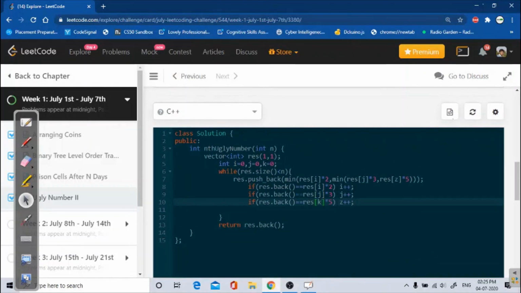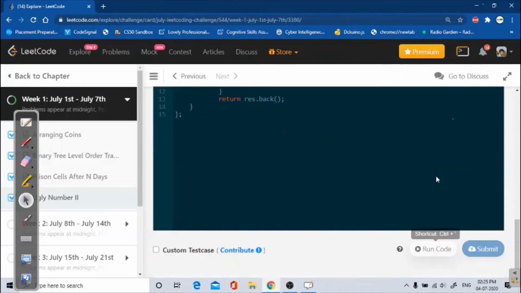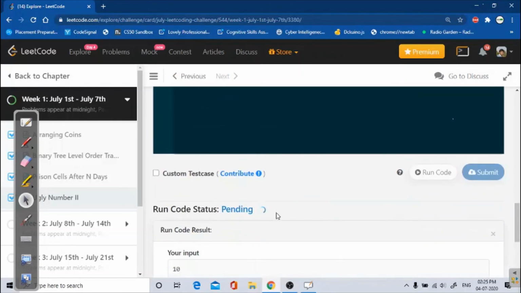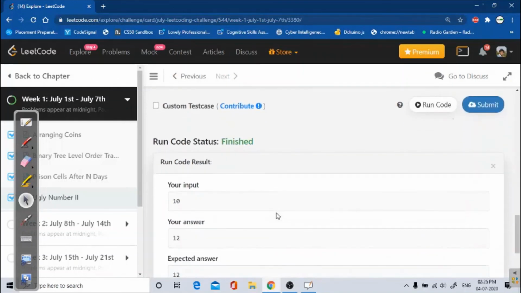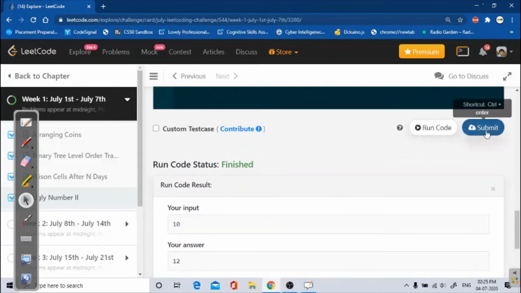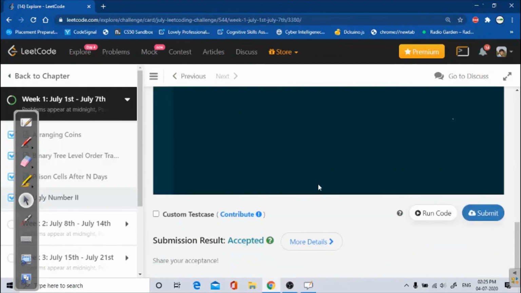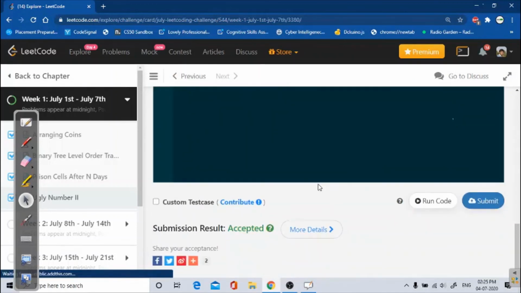I have to write k here, i, j, k, and here also k. I have initialized k, so let's run now. Yes, it is finished, so the test cases are running. Let's see if my solution will be accepted or not. So yes guys, it is accepted.